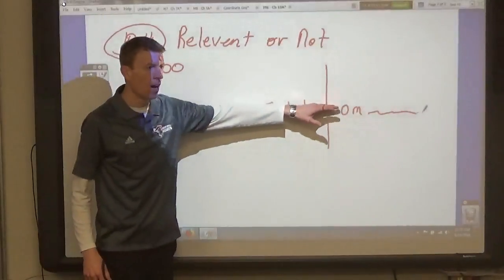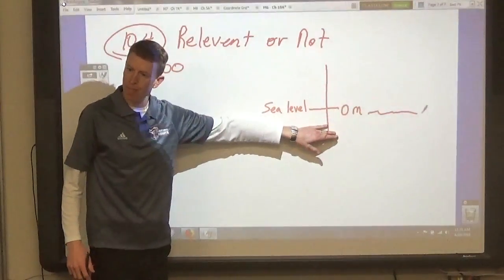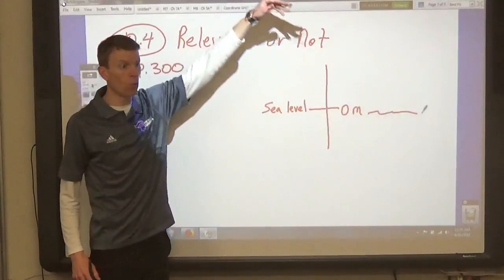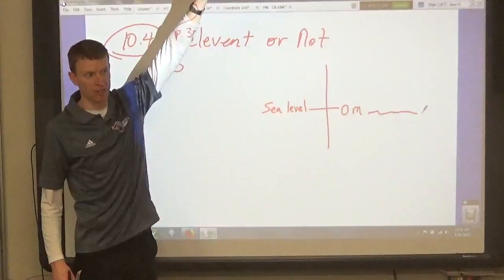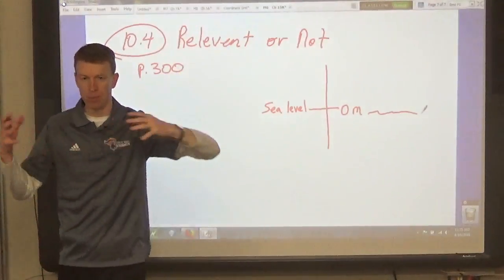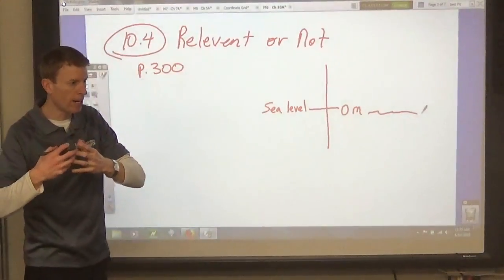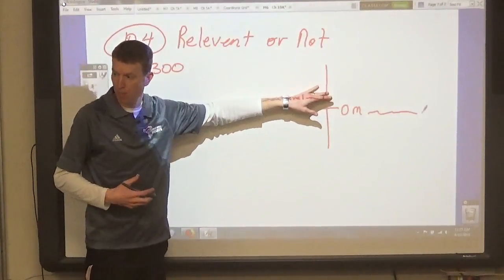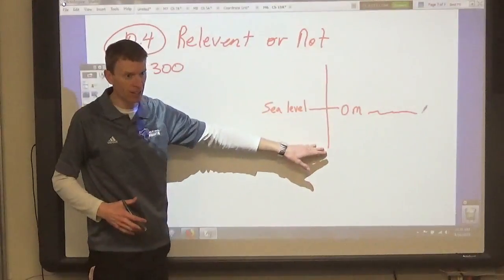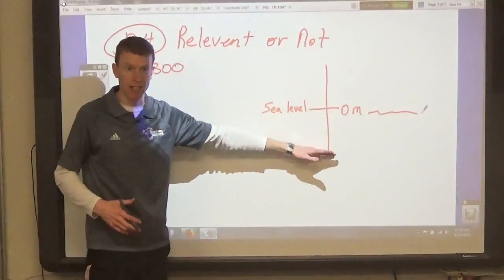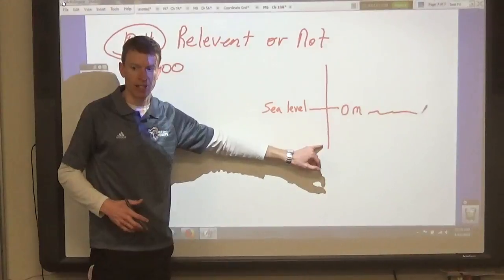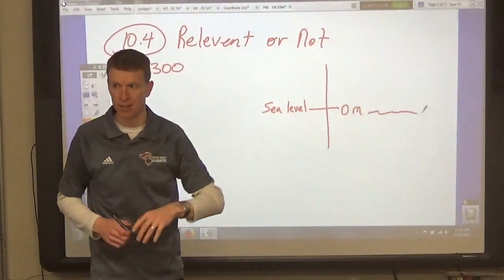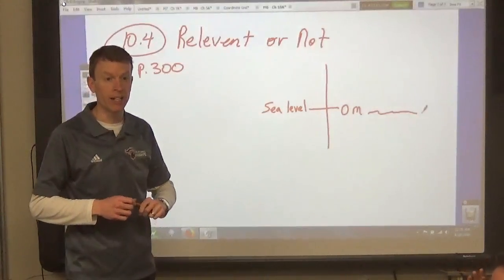Now, all places on the earth are measured in elevation based on sea level. Mountains are way above sea level. A place like Minnesota, or where we are right now, is measured in terms of sea level. We're above sea level. But there are some places, some cities even, that are below sea level. How many of you remember when Hurricane Katrina hit New Orleans?